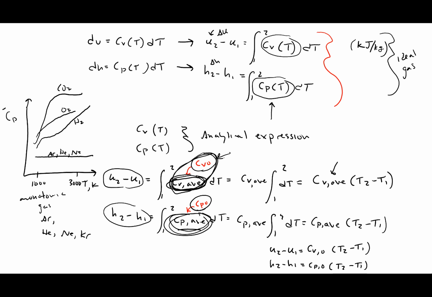So if you have a smaller temperature range, like let's say you're in here somewhere, so let's say your temperature changes from like here to here, you can see that the change in the specific heat is much smaller, so your approximation is going to be much more accurate.